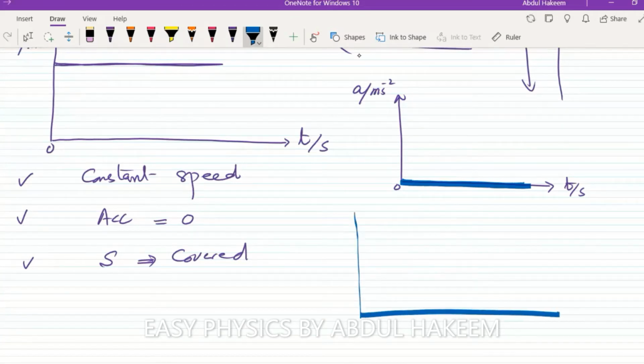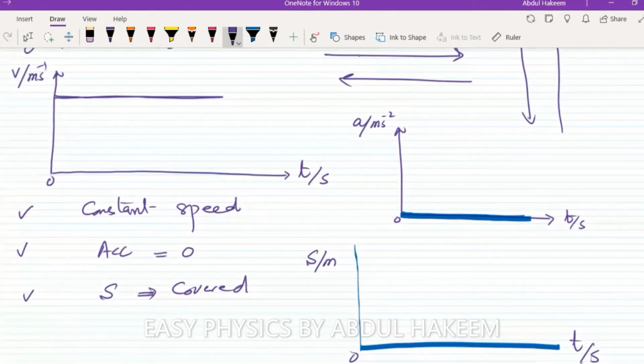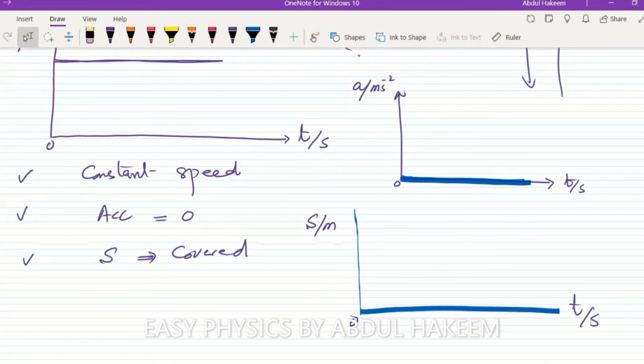When we have to draw the graph for distance s in meter against time, do remember, the gradient of distance time graph is speed. So speed is constant. So we have to draw here a constant gradient line.